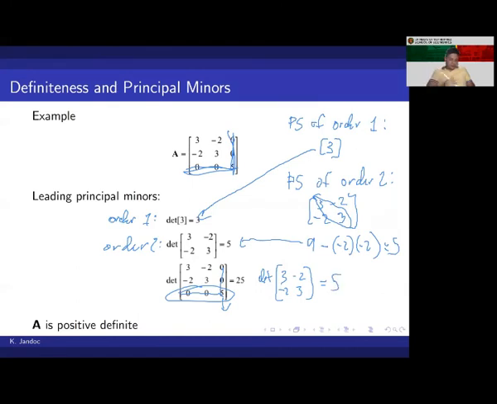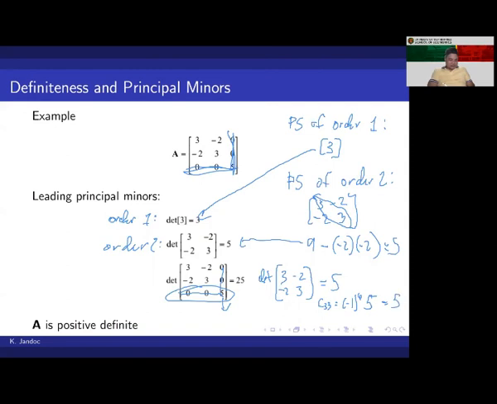The cofactor associated with the entry 3,3 is just negative 1 to the power 3 plus 3, 6, times 5. So that's positive 5.